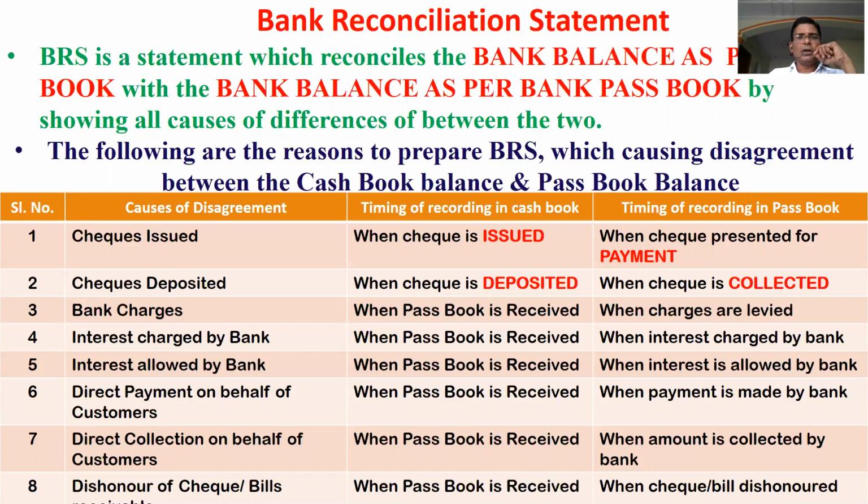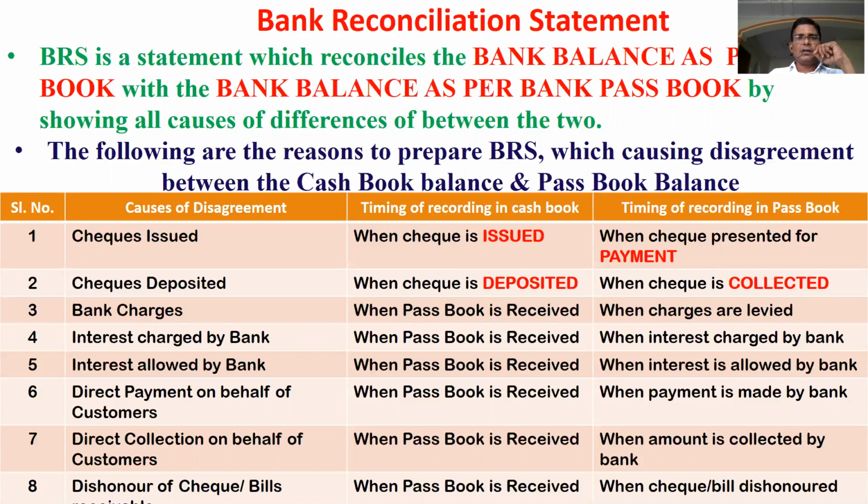Whatever transactions the customer does with the bank are recorded by the bankers, and they give a true copy of the customer's account through a passbook. The passbook is simply a true copy or a Xerox copy of the customer's account transactions in the bank.